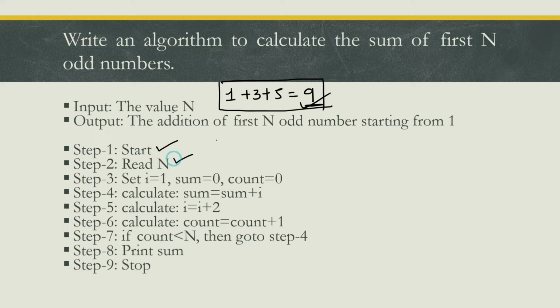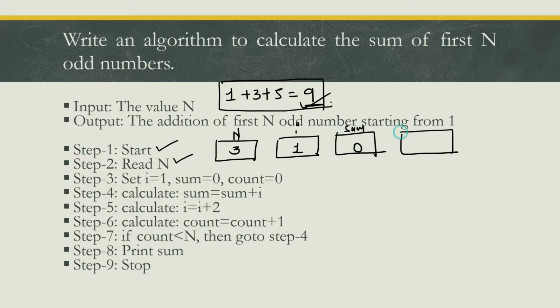Start. n is 3, as you know how many odd numbers. Then variable I, what is the value of I? 1. What is the value of sum? 0. What is the value of count? 0. This step is over. Step 4: sum is equal to sum plus I. What is the value of sum right now?